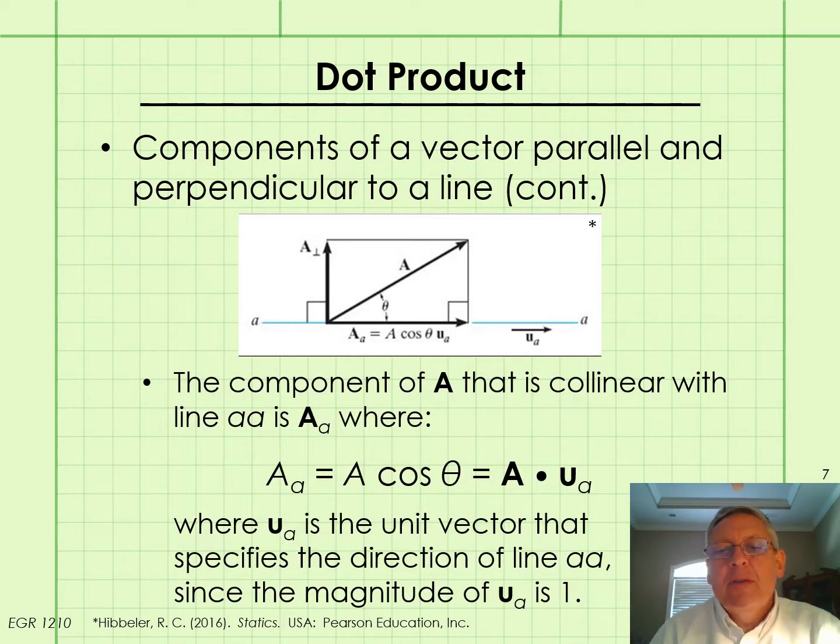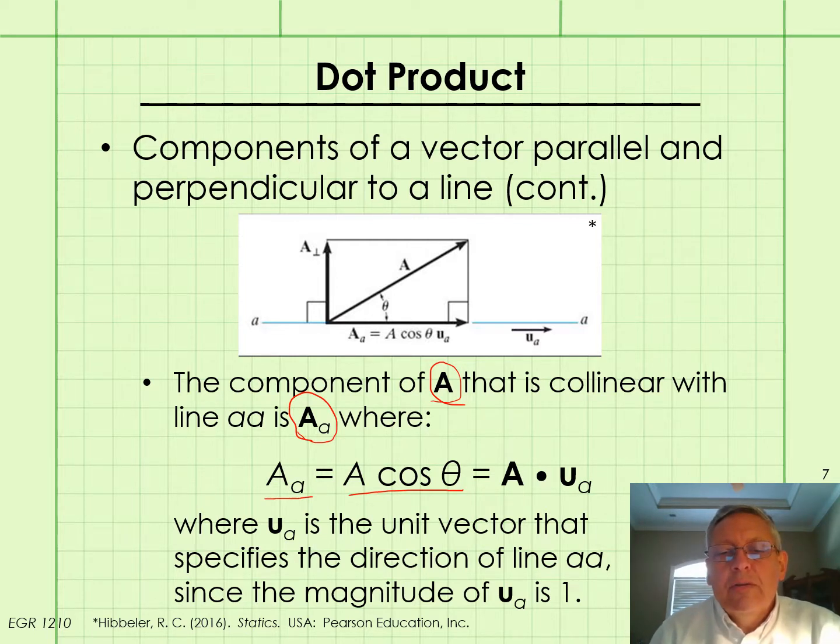We've established that the component of vector A that is collinear with the line aa is vector A sub a, and we know that the magnitude of that vector is equal to A cosine theta.